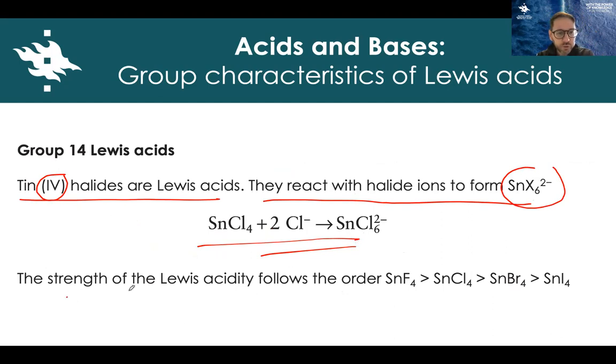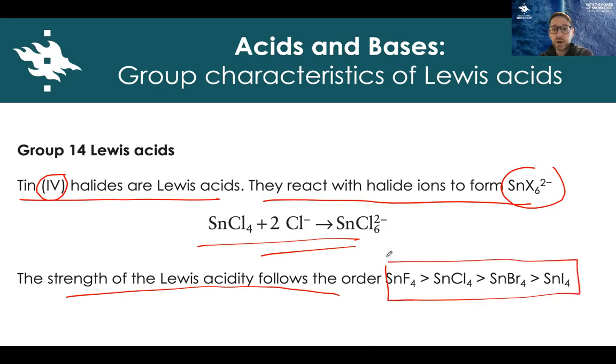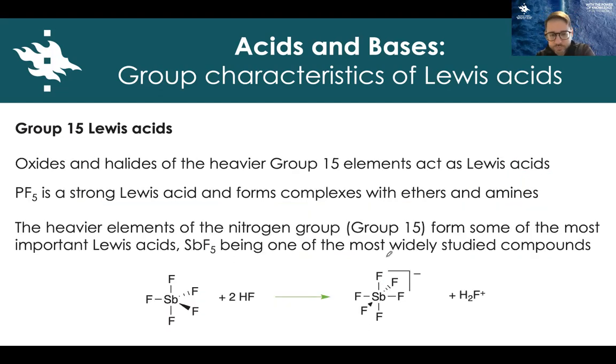And here, the strength of Lewis acidity also follows the trends in electronegativity of the halogen atom present in this species, so the electron-withdrawing capacity. So the central atom becomes more electron deficient, and as the central atom becomes more electron deficient, it becomes our strongest Lewis acid.